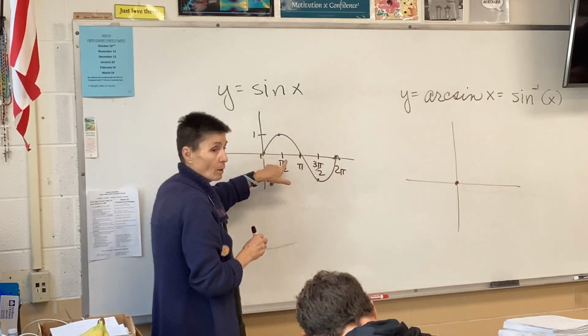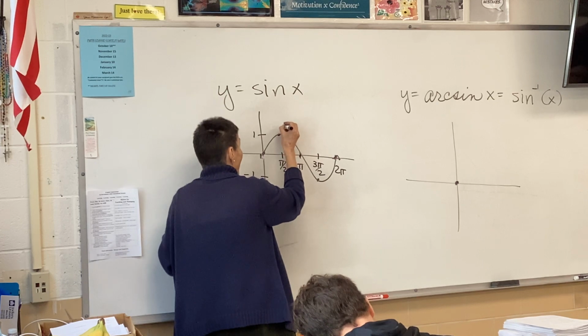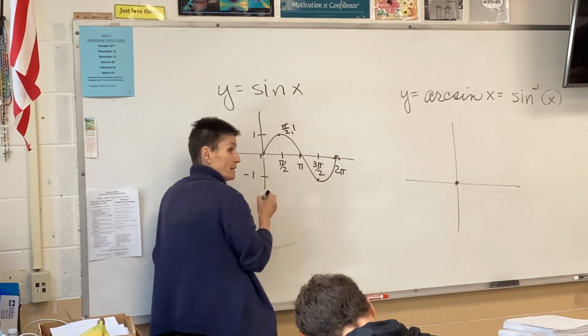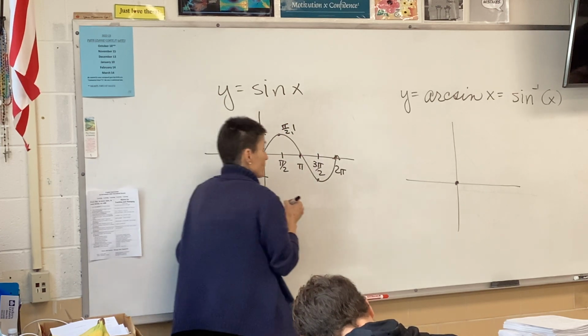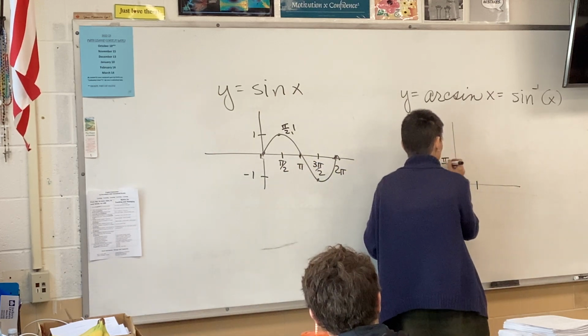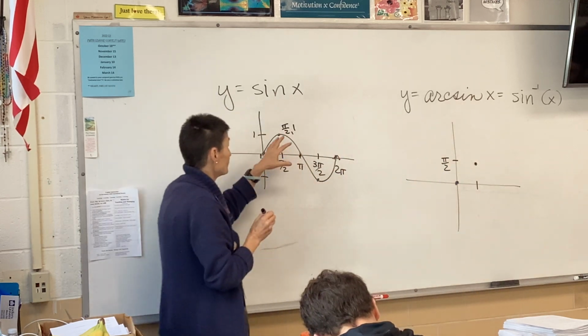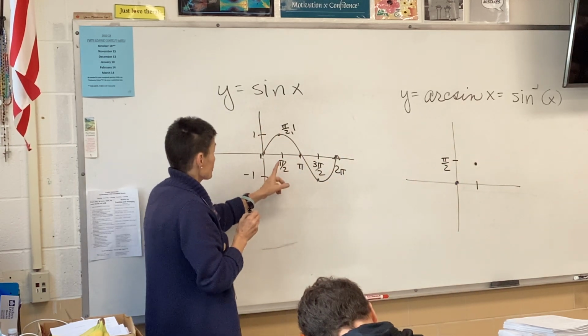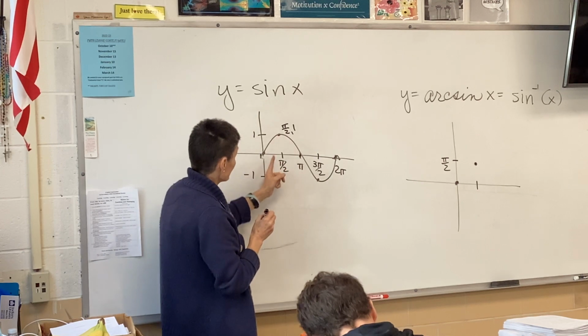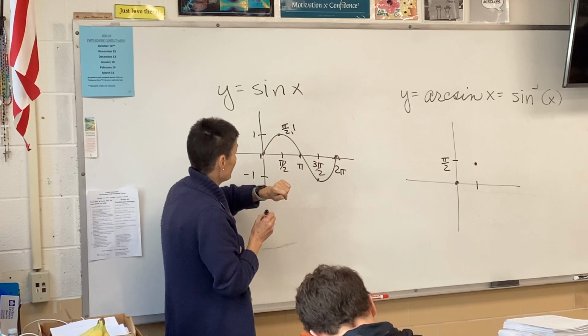But this point is pi over 2 comma 1. So now I'm going to plot 1 comma pi over 2. Remember, the ordered pairs flip-flop. So this ordered pair right here is pi over 2 comma 1. So I plotted 1 comma pi over 2.